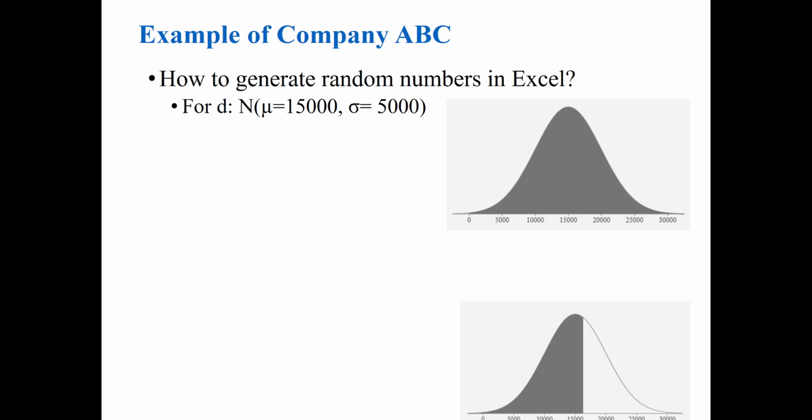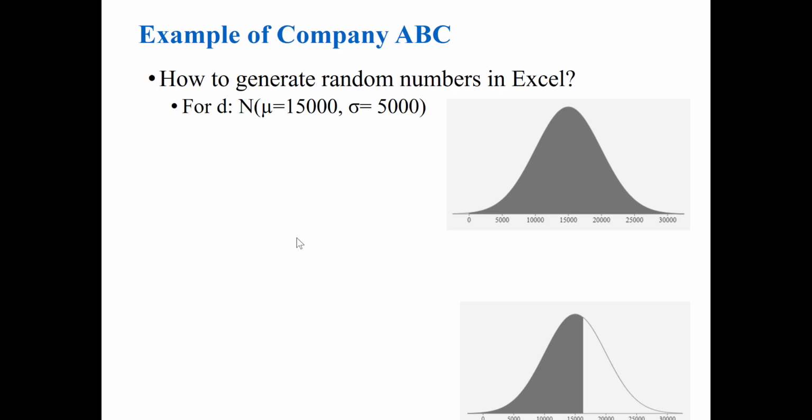So the next parameter that we have is the demand, and the demand has a normal distribution, where the expected value was 15,000 and the standard deviation was 5,000. So this is a normal curve that we already saw. The mean is this value, the standard deviation is 5,000, and this is a bell-curve normal distribution.